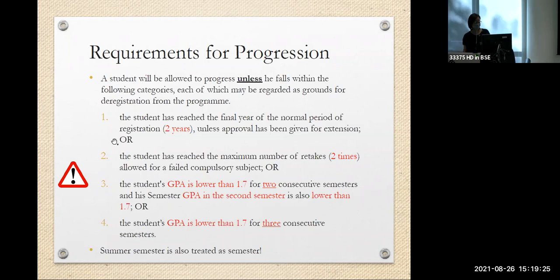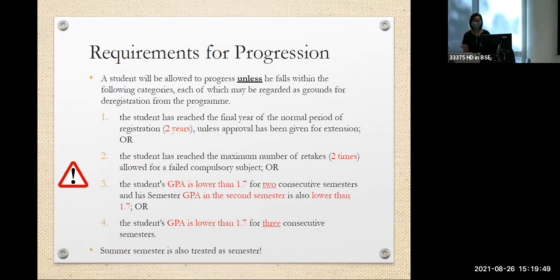Okay. And then number 2, the student has reached the maximum number of retakes, that is 2 times for a failed compulsory subject. So you will be given 2 chances to retake a subject. So for example, this semester, you take the thermal fluid, but you fail.